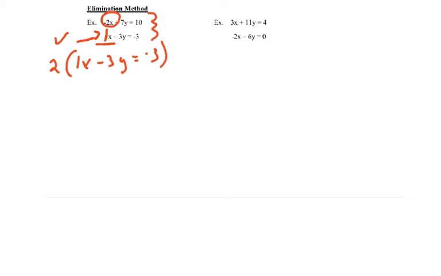Basically, we're going to distribute the 2 on every part of that equation. When we do that, here's what we get. 2x minus 6y equals negative 6. And again, just for a visual, so you're following along, we're just distributing this on all three parts. And now we've got a brand new equation of 2x minus 6y equals negative 6.